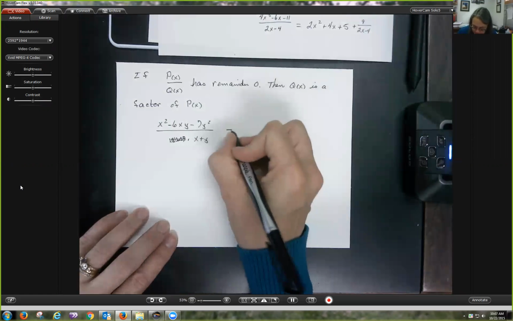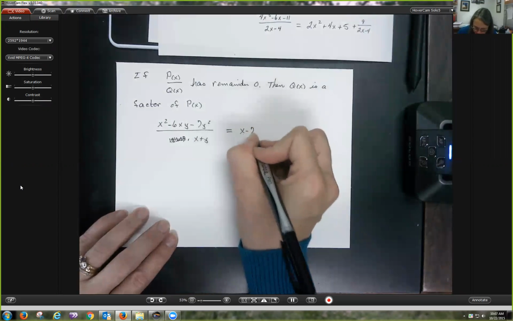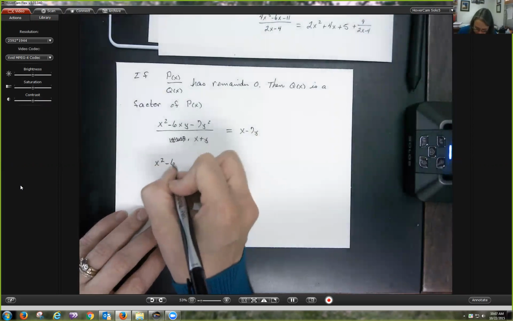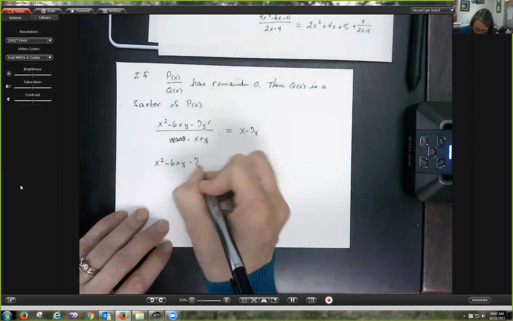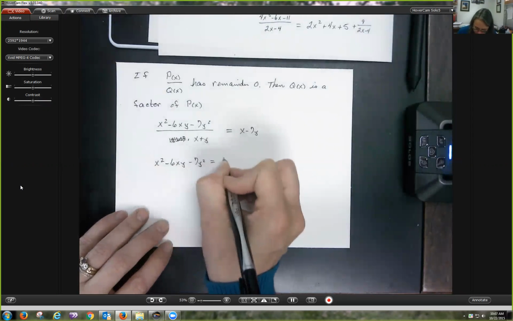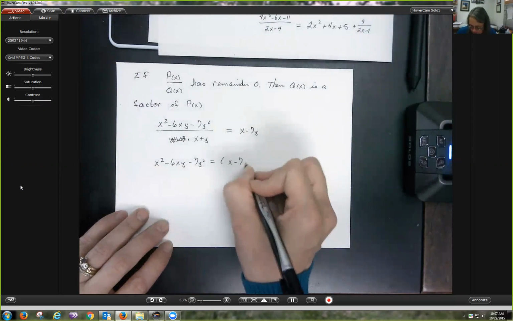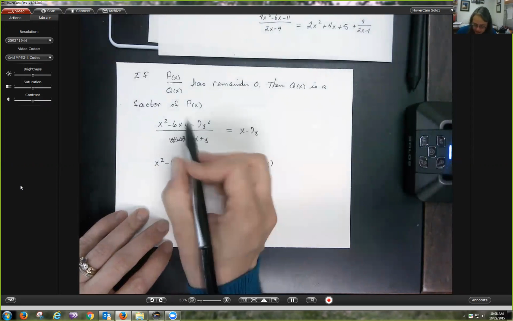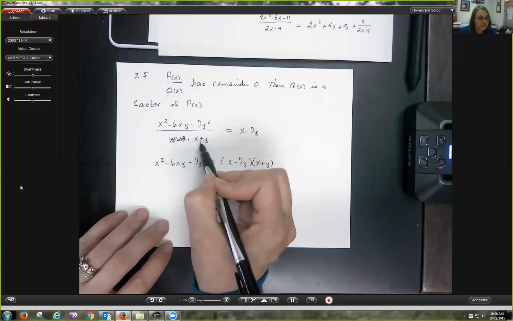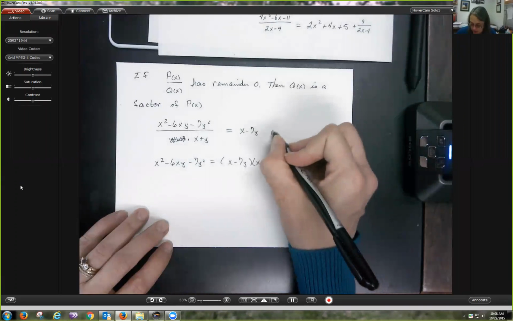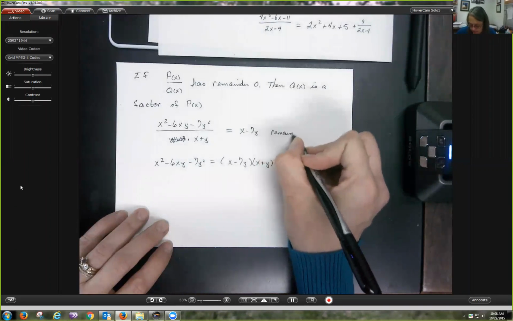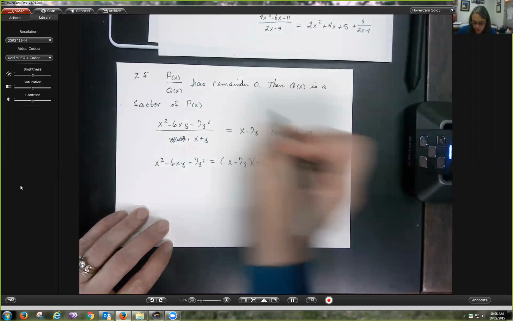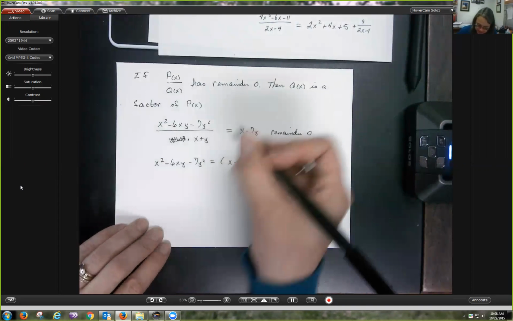And we found out that that simplifies to x minus 7y because x squared minus 6xy minus 7y squared can be factored as x minus 7y times x plus y. If I had done this with long division, I would have gotten a remainder of 0.